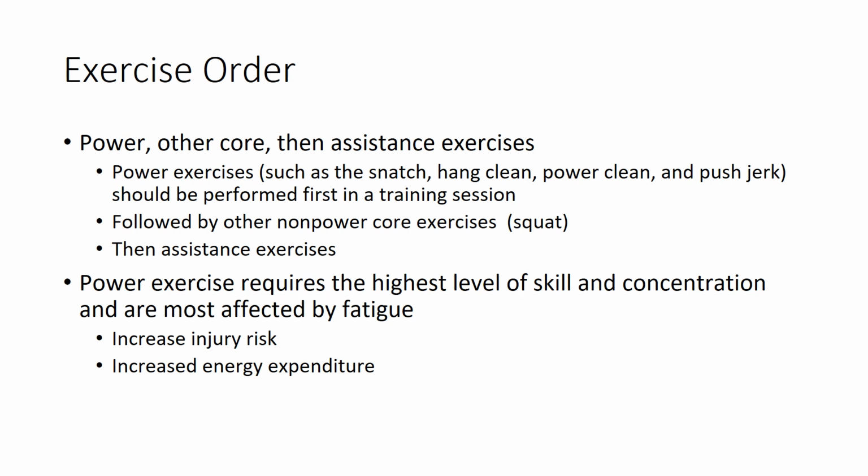So this is why we're going to talk about this a little bit later, but proper rest periods. So by having them do this first while they're pretty fresh, then they won't be prone to injuring themselves. But if you aren't having power exercises, then it's recommended that you utilize core exercises first, such as the squat, and then you move on to assistive exercises.